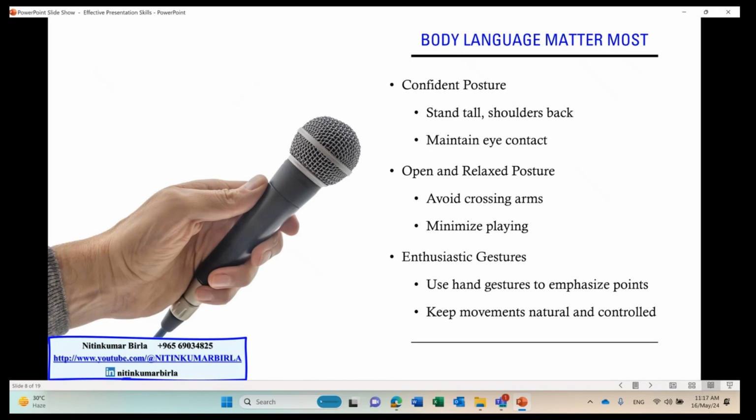Be enthusiastic. You are trying to impress everyone in the room with your information and knowledge. You should be enthusiastic; that is how they will receive it. There is one very good TED talk by a Saudi gentleman, and I saw his talk.